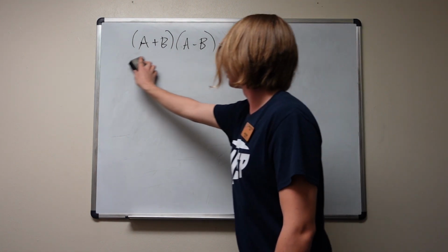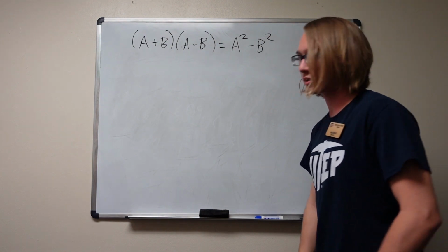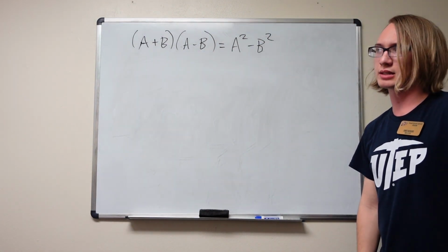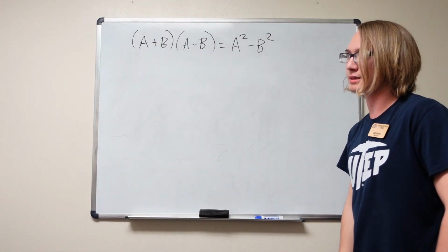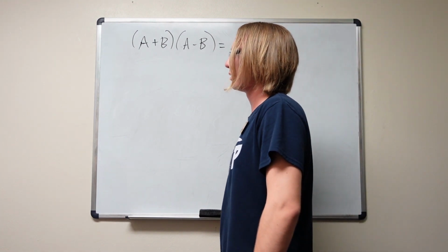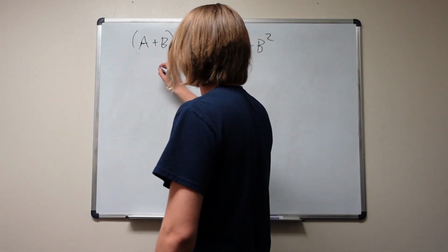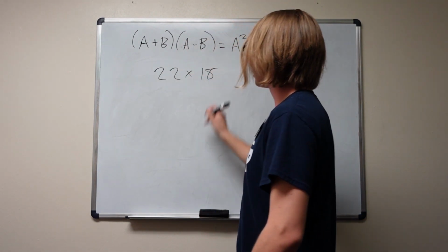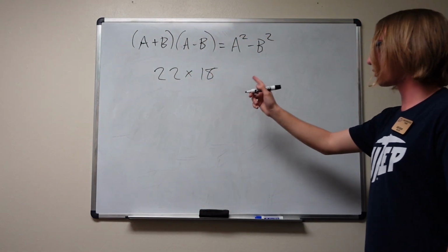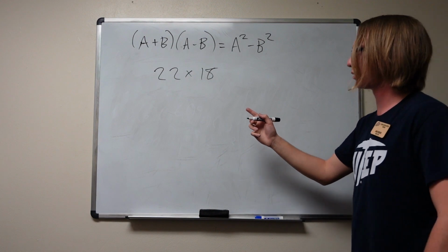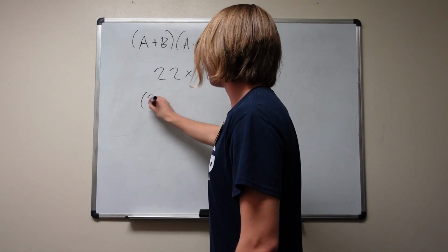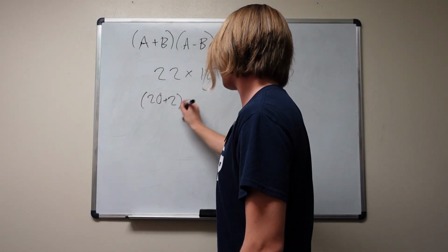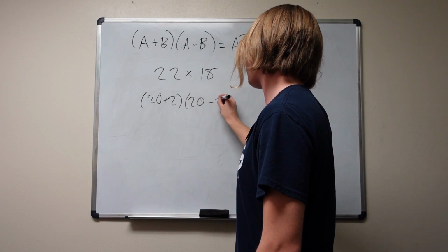What this trick is used for is if you have a certain distance from a number, it's easier if the number is a multiple of 10. So if we have 22 times 18, they're both 2 units from the number 20. So here we have 20 plus 2 times 20 minus 2.